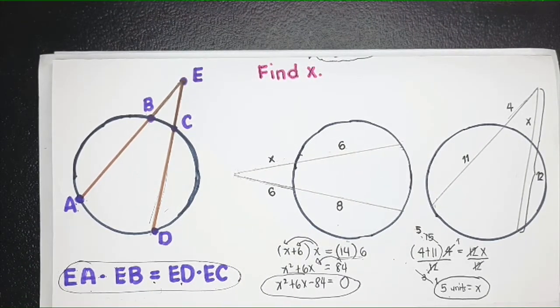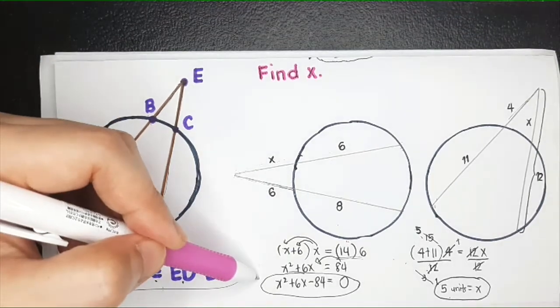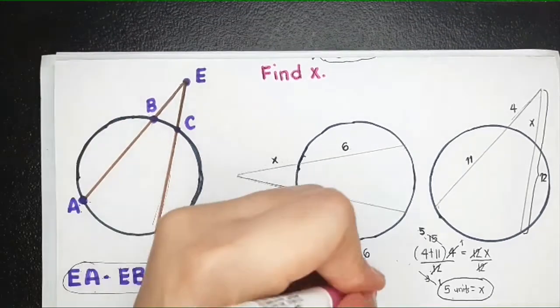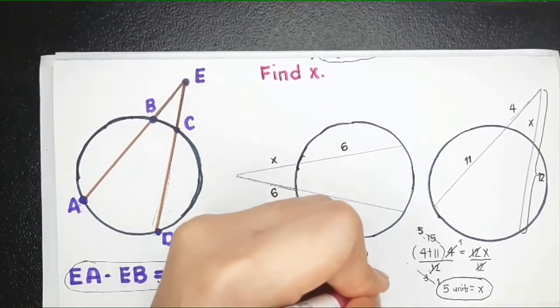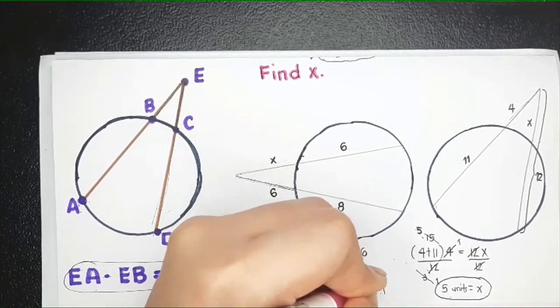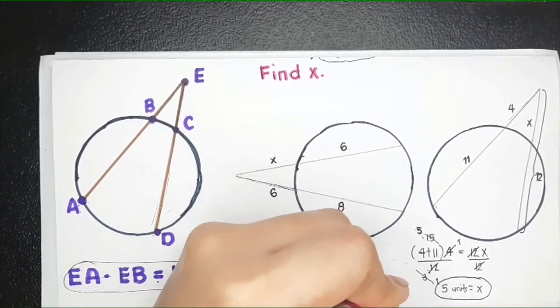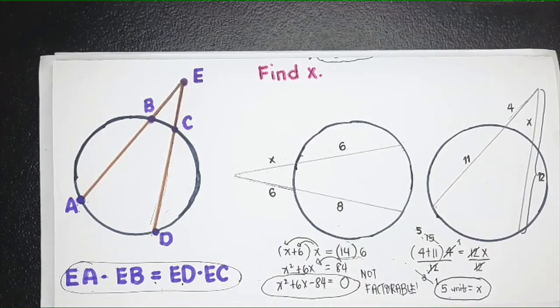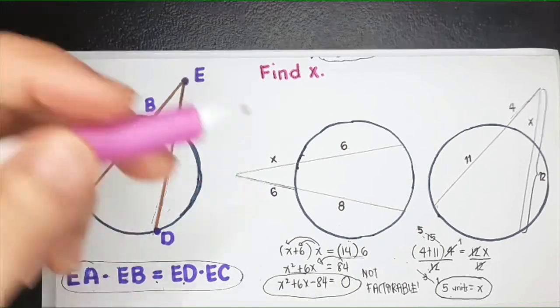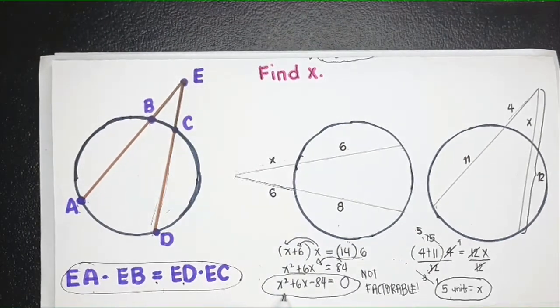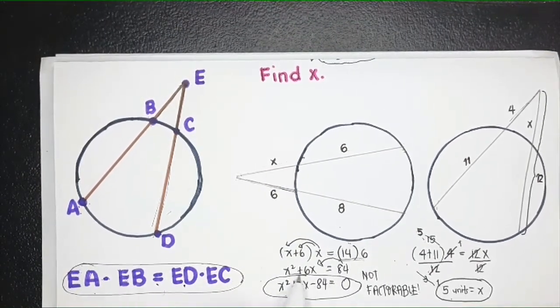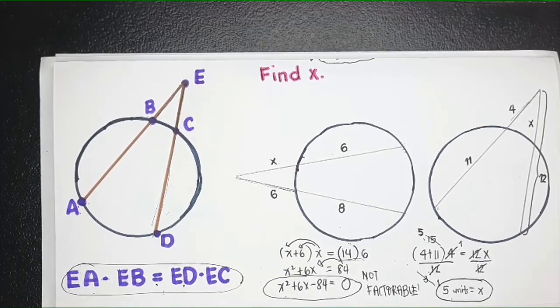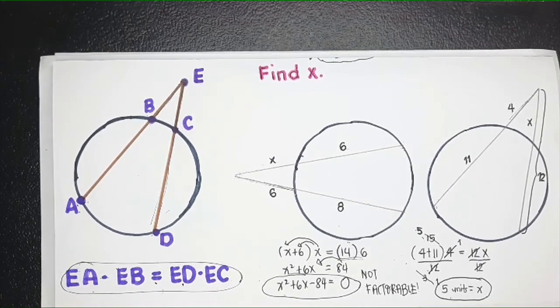We use our vast knowledge in factoring. But you know what? This one is not factorable. Hindi yan factorable. So, what do we do now? Sino makakatulong sa atin if the given quadratic equation, or this one, is not factorable? We use the quadratic formula.